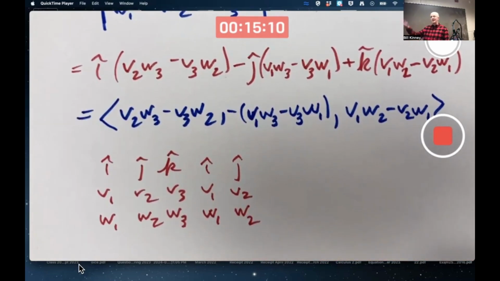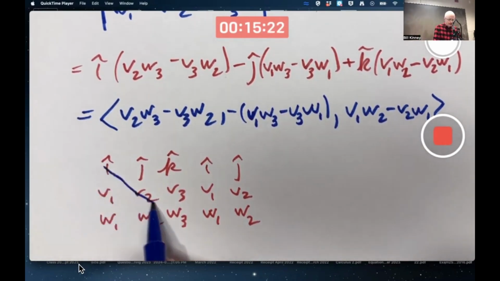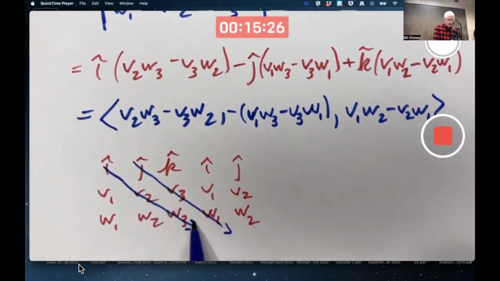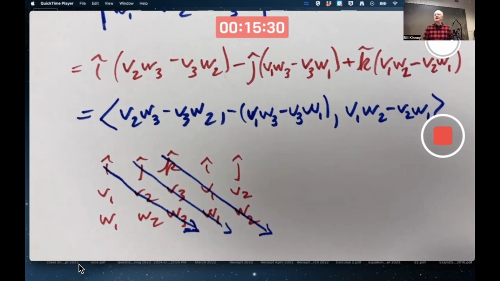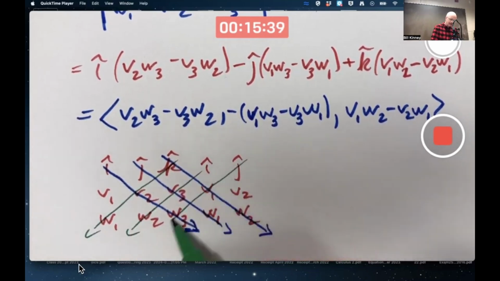So now you really have a 3x5 matrix, 3 rows and 5 columns. The way you compute the cross product with this method is you consider products along these diagonals getting added to the cross product, and products along these 3 diagonals getting subtracted from the cross product.